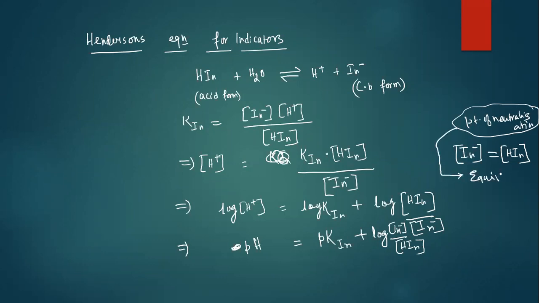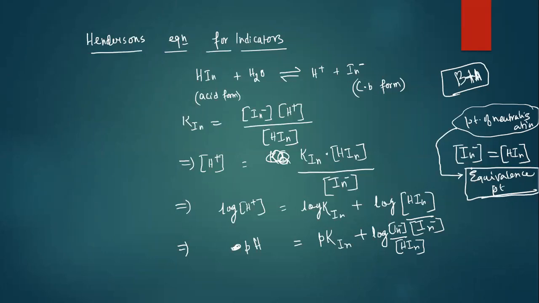Remember why indicators are used. Indicators are used to detect the point of neutralization during a titration of a base and acid, right? When a base and acid is titrated, indicator will be used to denote the point of neutralization, and that point is called equivalence point.